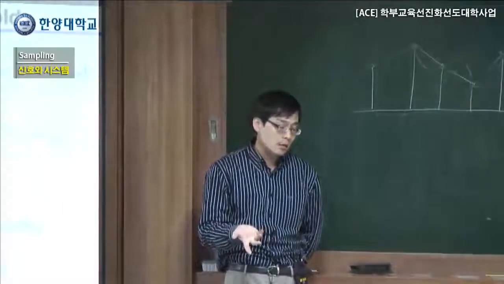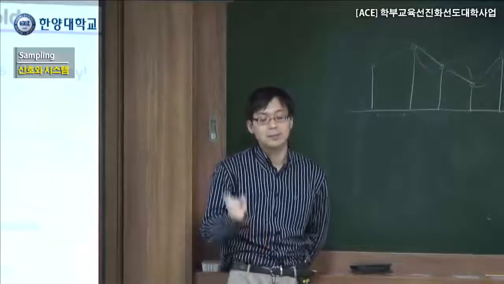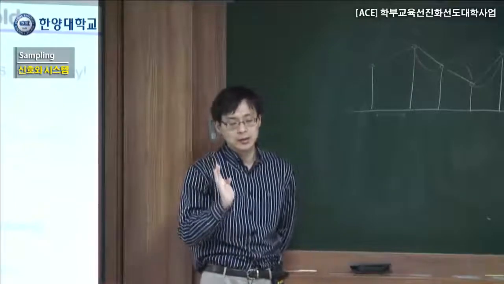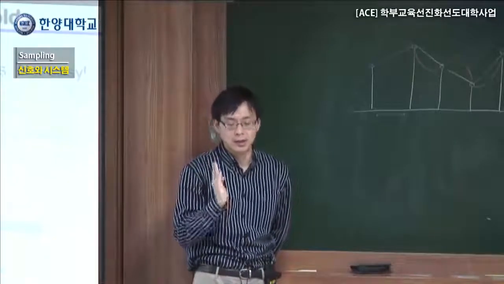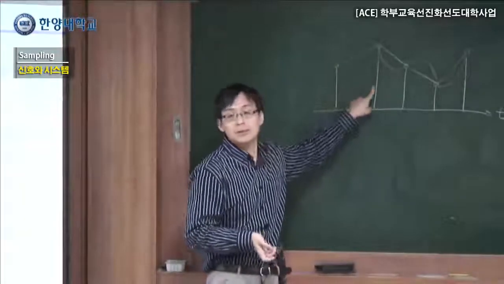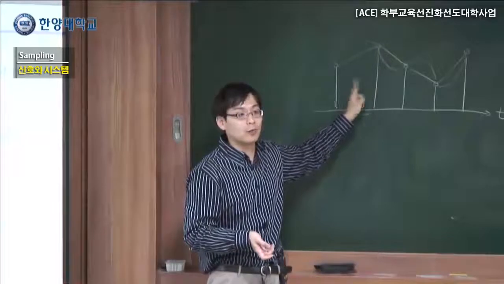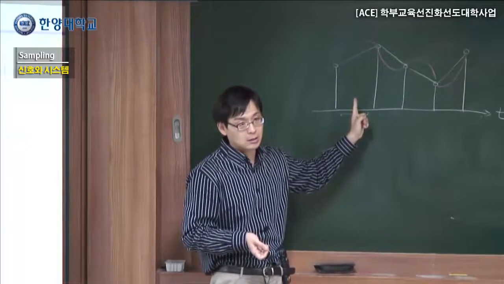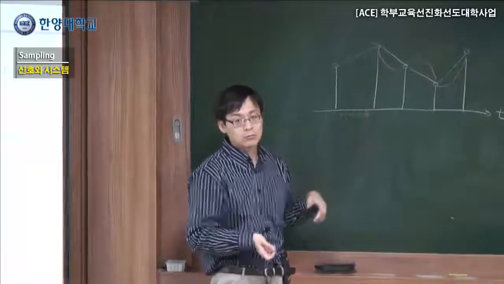But what I'm saying here is that it's basically very similar. In the case of a discrete time signal, they are discrete in time, so we don't know the value between sampling periods. We don't know the value over here. How can we estimate the value over here?